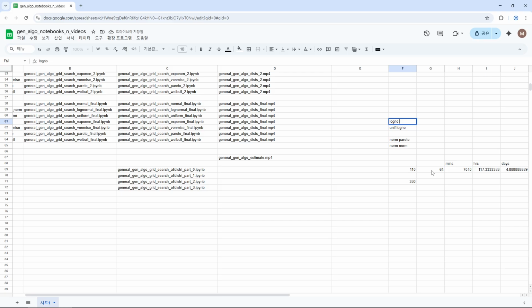There are 64 of them, and each one would usually take 110 minutes on my MacBook Pro M3. However, on Google Colab, it would take around 21 minutes versus 7.33, so about 2.86 times longer. Let's just say 3, to be safe.